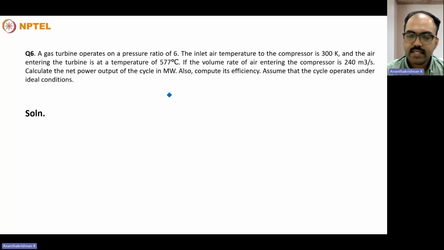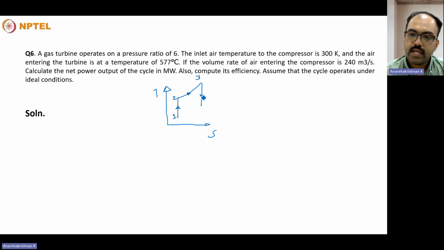So it's a straightforward one. It's a gas turbine that operates on a Brayton cycle. We draw the TS diagram. There will be an isentropic compression of the gas followed by a constant pressure heat addition.